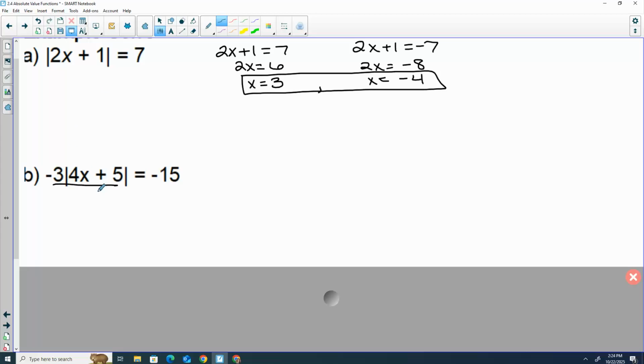You have to get the absolute value by itself before you write your two equations. So I divide by my -3. And now I can make my two equations. So 4x plus 5 equals 5. Or 4x plus 5 equals -5.